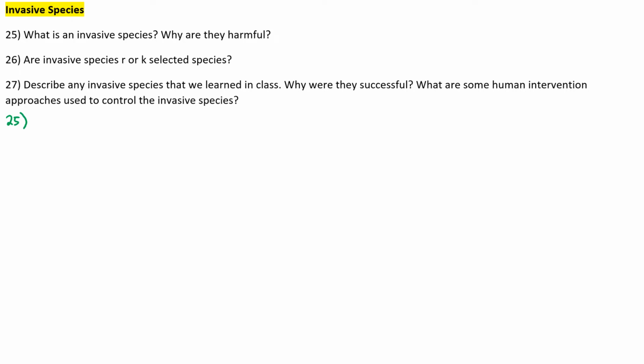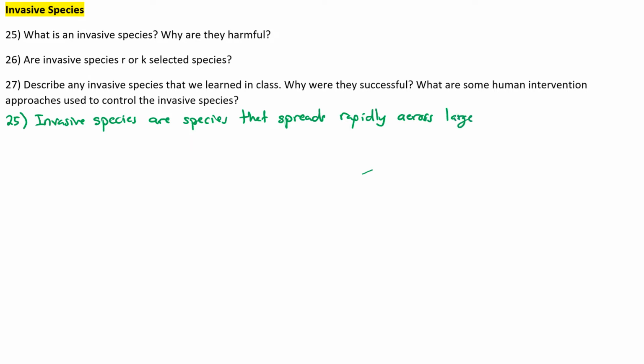Number 25. So, invasive species are species that spread rapidly across large areas.